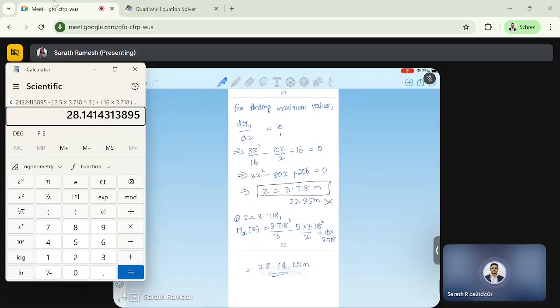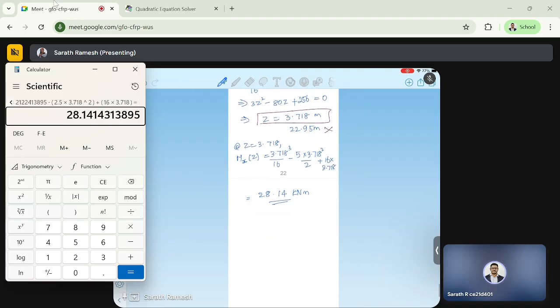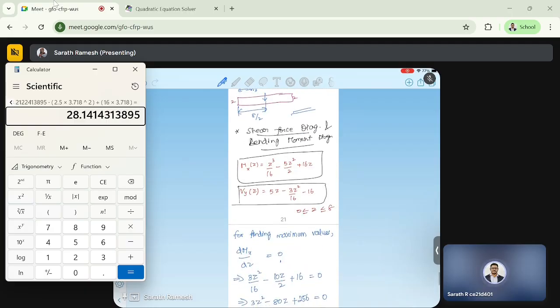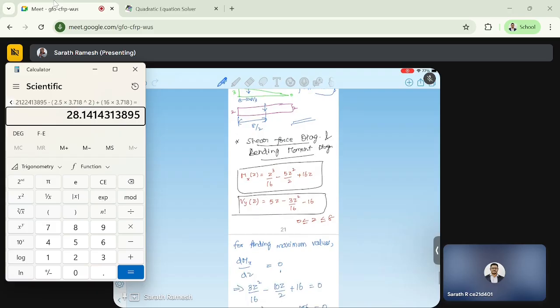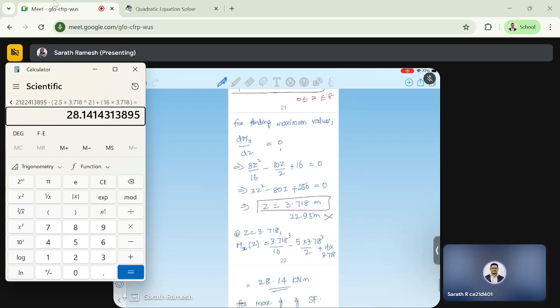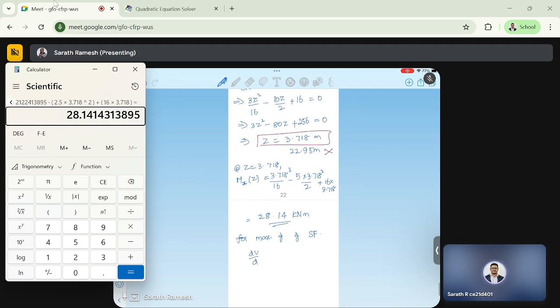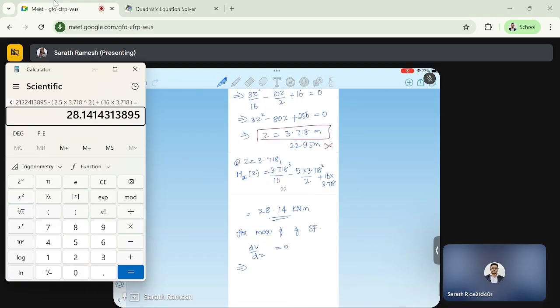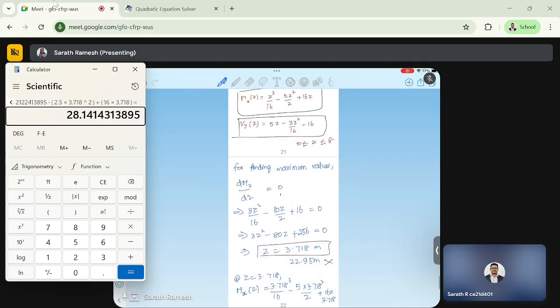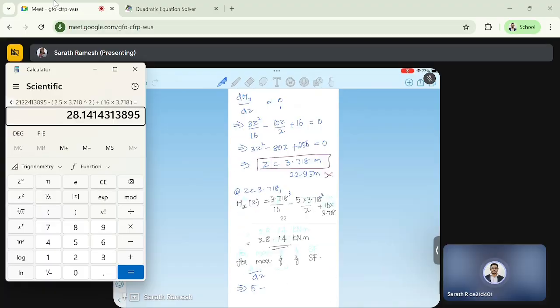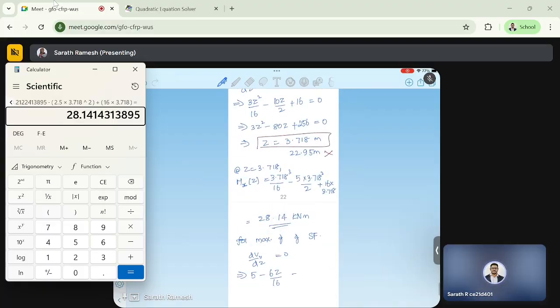Now, can you find the maximum of shear force? Of course, shear force is going to be maximum at the supports, right? Let's see anyhow with the expression dVy by dz equal to 0. That implies 5 minus 3 twos are 6z by 16 equal to 0.